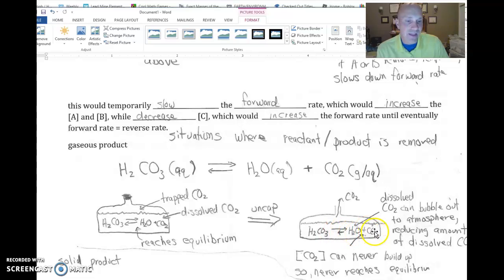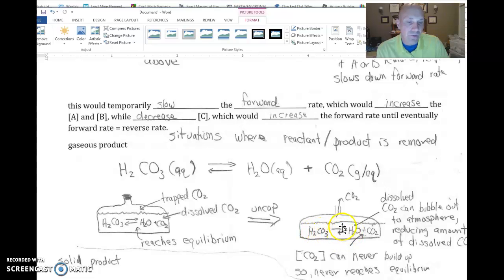It's not happening because you're literally reaching in there and plucking out carbon dioxide. It's just that, like the bubbles in soda, it becomes undissolved, becomes part of the air, and it just floats away. So it's not in the solution to be part of the equilibrium anymore. So if you remove some of the product, that's going to shift the reaction to the right.